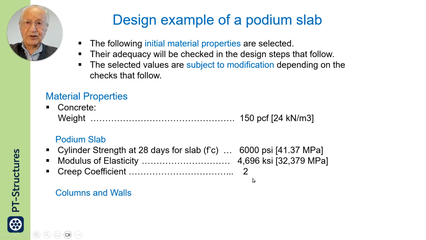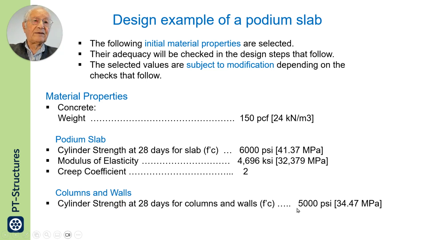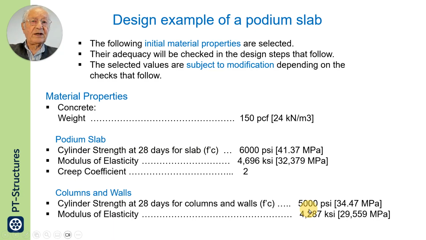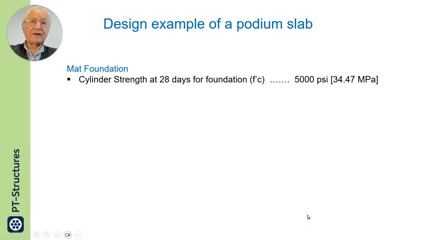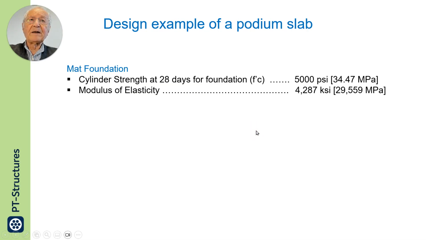I use the creep coefficient for deflection, long-term deflection, and columns and walls have 5,000 psi, and the modulus of elasticity, and so on. For the mat foundation, the concrete strength I have selected is 5,000 psi, again modulus of elasticity, and so on.